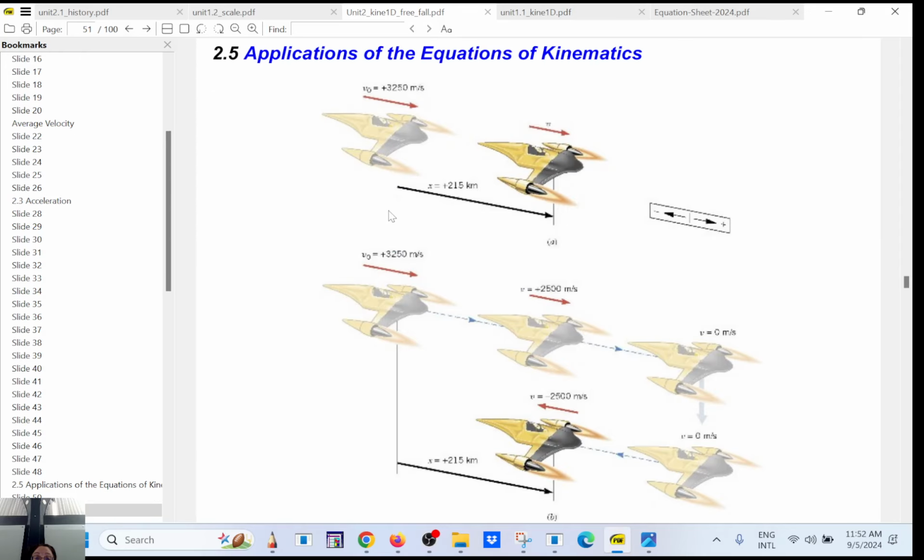And here they try to make a nice drawing. So the spacecraft is moving to the right, but then he shoots his retro rocket in the opposite direction. So starting from here, it slows down, stops, keeps shooting those retro rockets and goes the other direction.